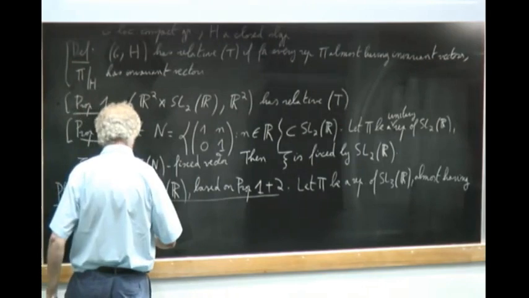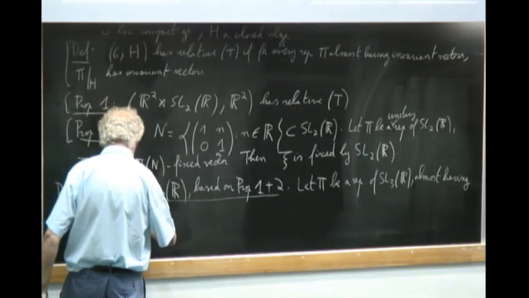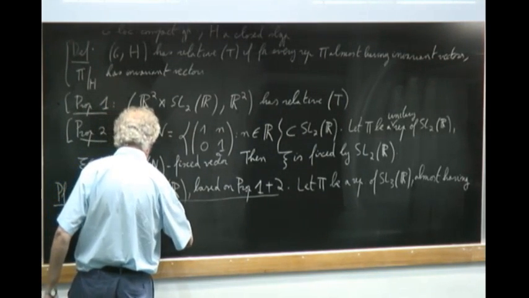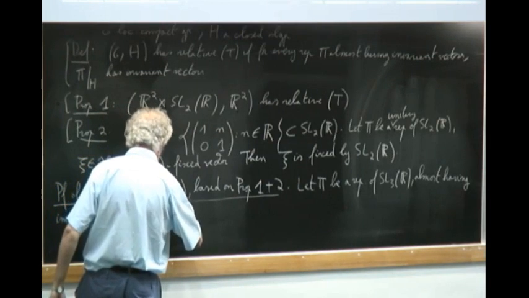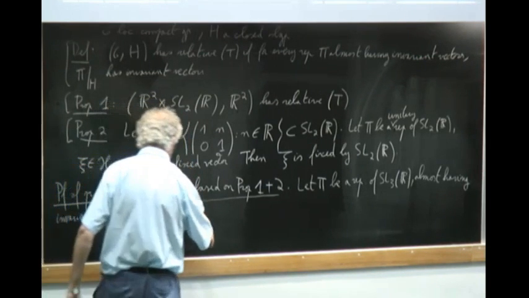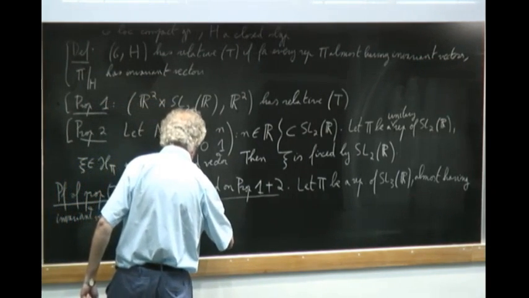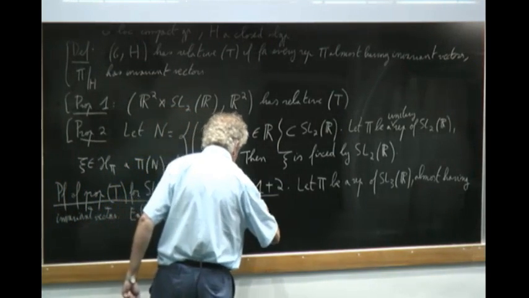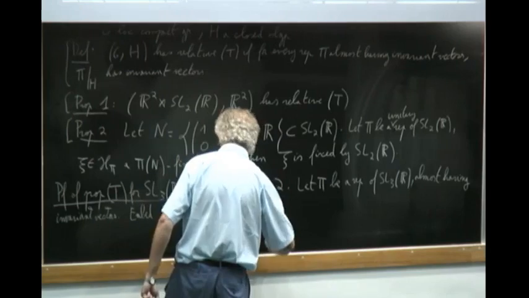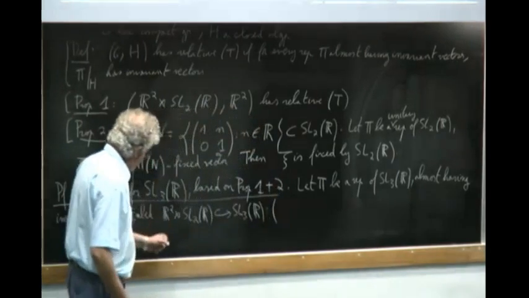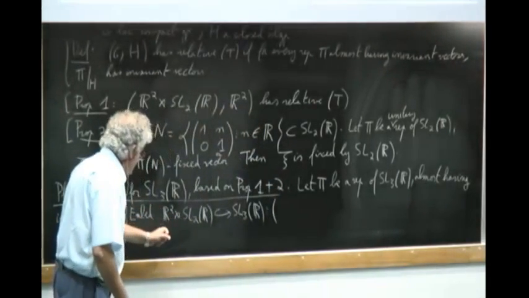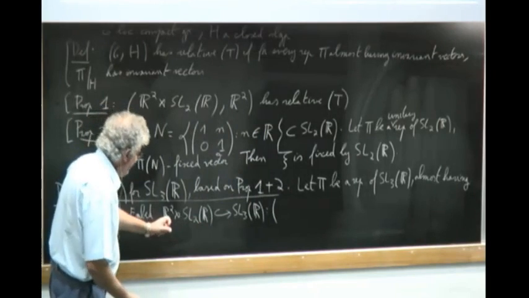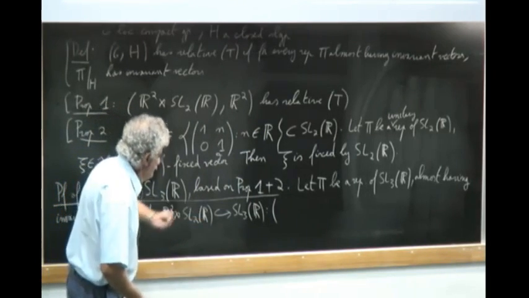And first, we embed the semi-direct product of proposition 1 into SL3R as follows. Here, a group element is a pair consisting of a vector in R2 and a 2 by 2 matrix.